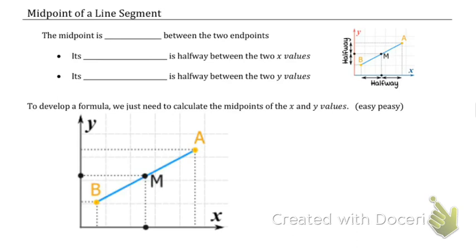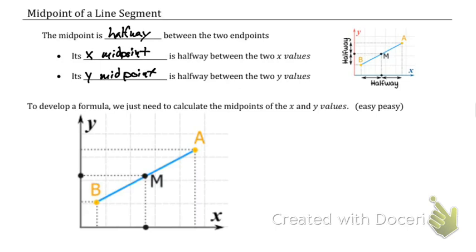However, we have to take care of 2 midpoints, really. We're really focusing on 2 different midpoints. So the midpoint is halfway between 2 endpoints. Its x midpoint is halfway between the 2 x values, and its y midpoint is halfway between the 2 y values.